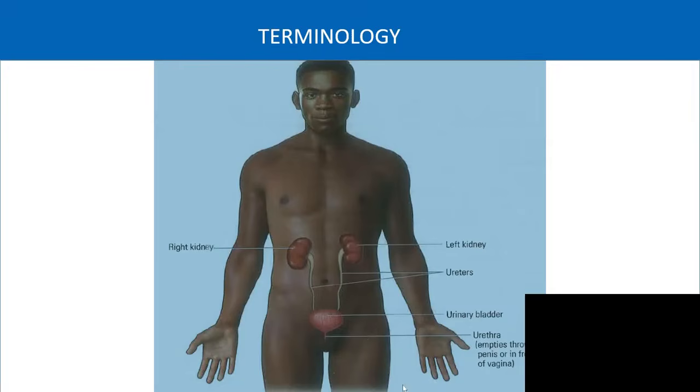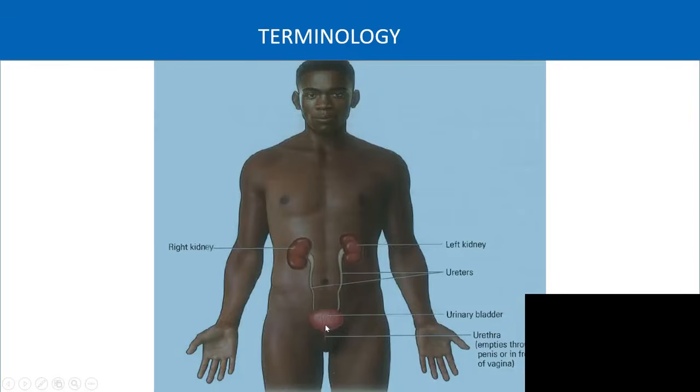Next we need to understand the urethra. The urethra is a tube that carries urine from the bladder. From the bladder, through the urethra, urine comes out. So basically, the urethra is one tubular structure which releases urine from the bladder into the outside environment.